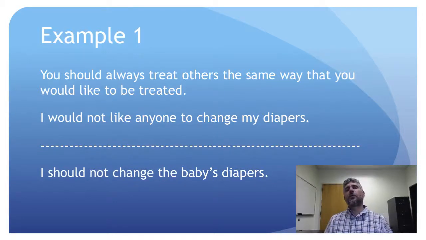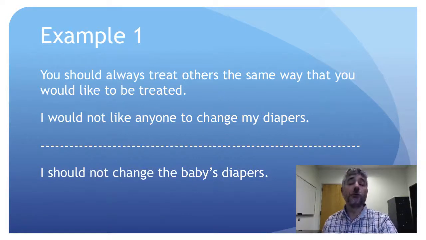Now, premise 1 might seem to be true, but if it seems to be true, that's only because something very similar to premise 1 is true. What's similar to premise 1 that is true is the claim that you should usually, typically, often treat others the same way that you would like to be treated yourself. Now, those claims are true.